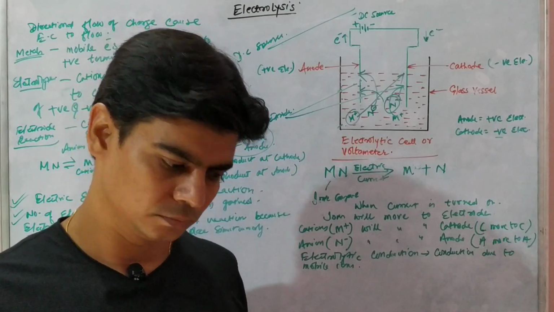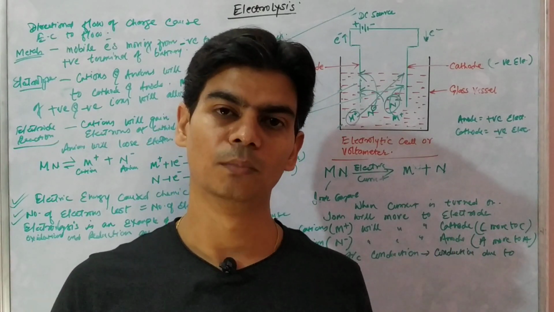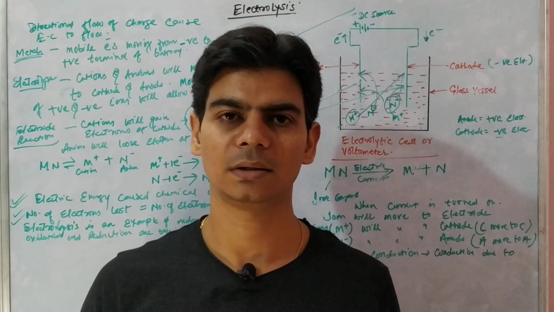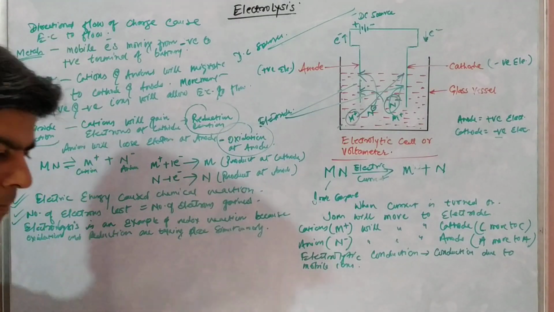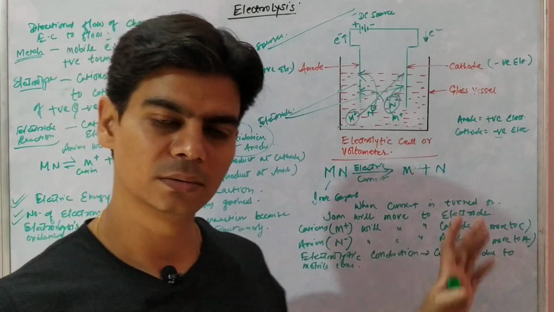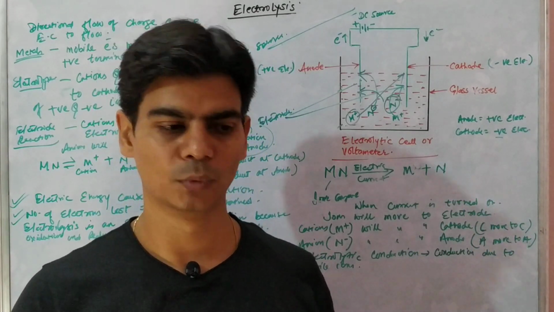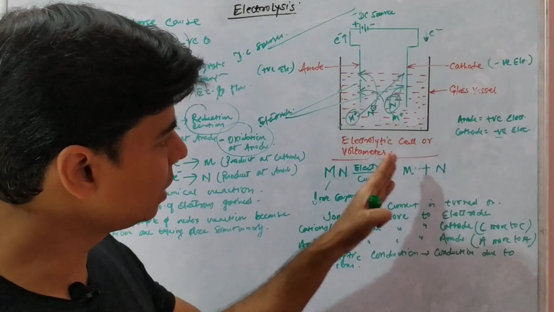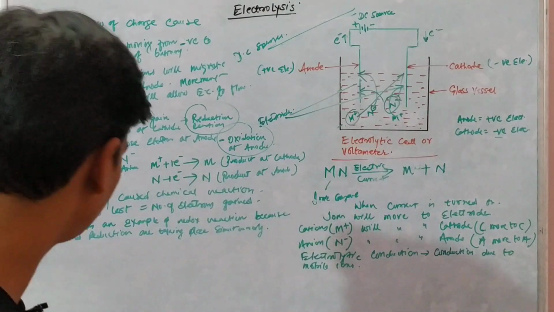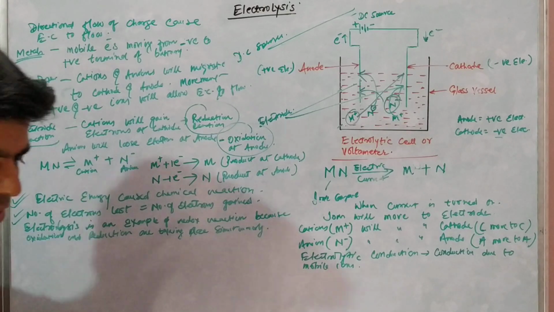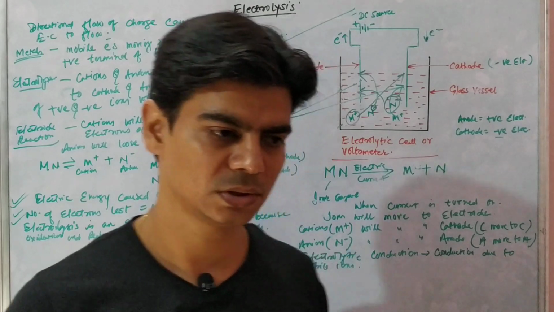That is, the more electric current passes through the electrolyte, the more the mass of the product formed at the electrodes. So we say that the mass of the substance formed at the electrodes is directly proportional to the quantity of electricity passed. The more electric current you pass, the more product you obtain at the electrodes, cathode and anode. This is known as Faraday's law of electrolysis. You don't have that in your syllabus; you have that in class 12th.